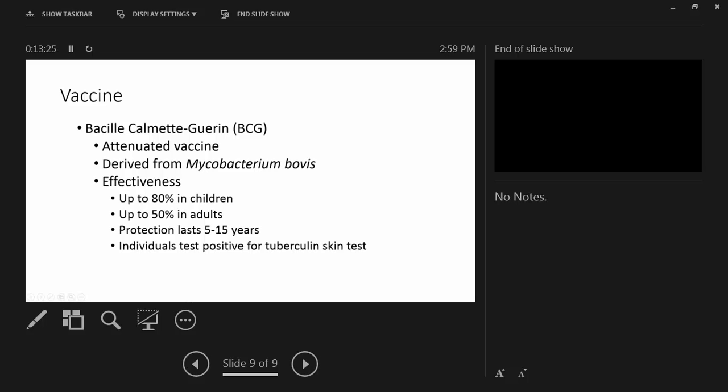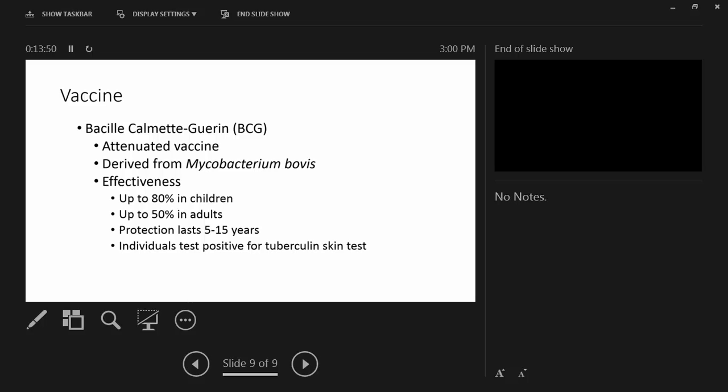It's not terribly effective: up to 80% effective in children, a little bit less so in adults, and it lasts between 5 and 15 years. We don't typically inoculate children or adults in this country unless they've been exposed to somebody or live with somebody that has active TB.